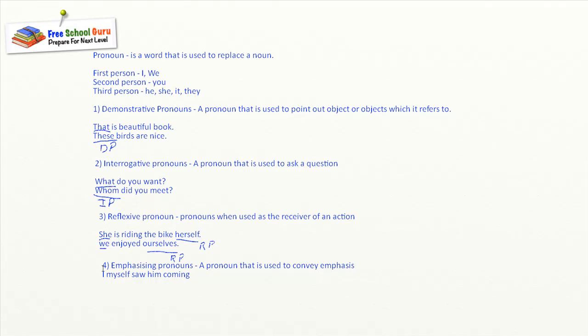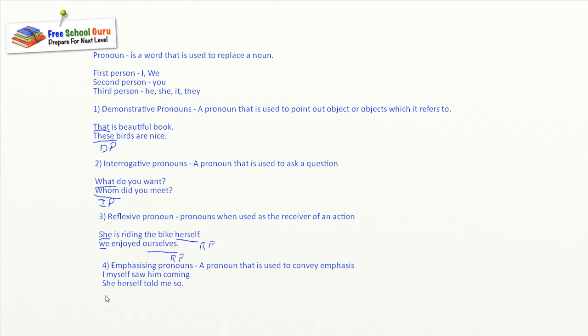Okay, another example. Or let's say she herself told me so. So both myself and herself here, they become emphasizing pronoun.